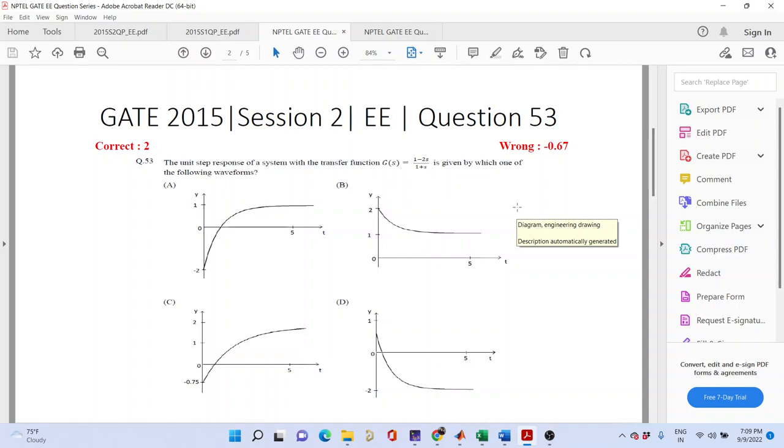So two things you have to keep in mind. First, you cannot apply the final value theorem when there is a right hand side pole, which would make the system unstable. So as t tends to infinity, the output will blow up. In such a case, you cannot apply the final value theorem. For the initial value theorem, first you have to make the given function a strictly proper function. Then only go for applying the initial value theorem.